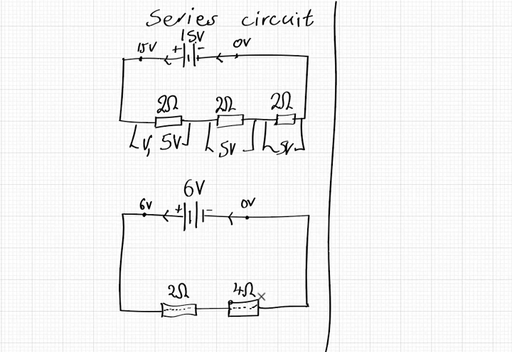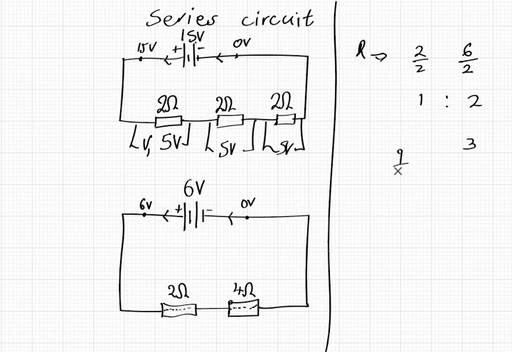So what do we do? We look at the ratio of resistors. 2, 6, right? 2 into 2, 2 into 6. That is, the ratio is 1:2. The total of 1 and 2 is 3.